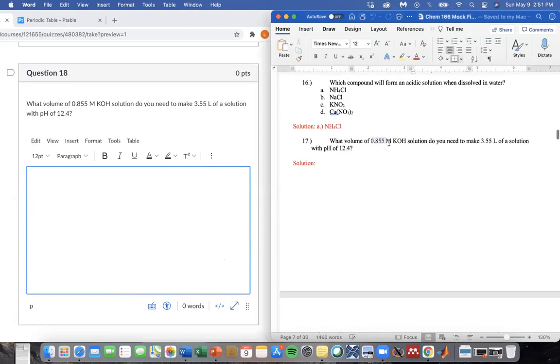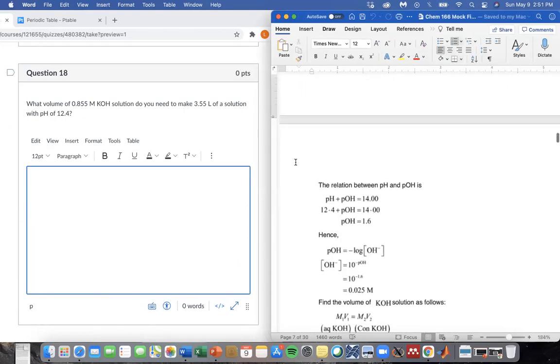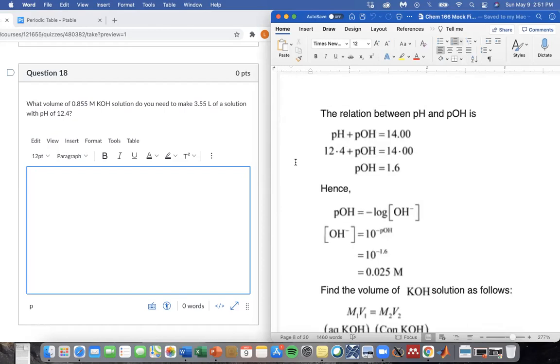So what you really want is the concentration of OH- that'll create that pH. You can first solve for your target pOH instead of pH, because it'll make the comparison easier to the concentration of KOH. If you do 14 minus 12.4, you'll get a pOH of 1.6.